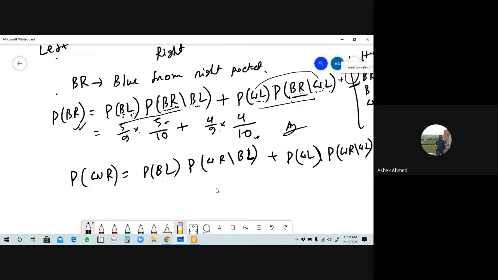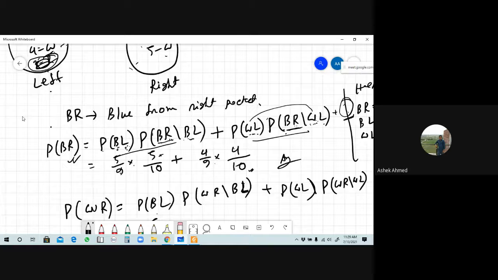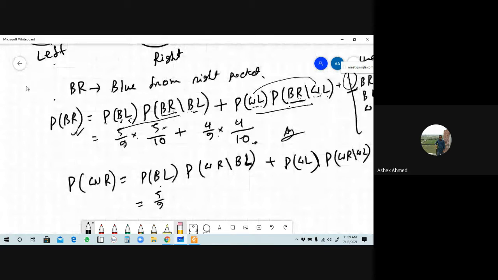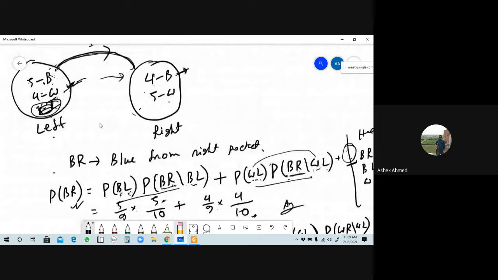Okay, so this result will be 5/9, যেটা আমাদের লেফট পকেট কয়টা কন্টেইন করে, 5টা blue marble আর 4টা white marble, that will be 5/9, and after transferring a blue marble to the right pocket, okay, in that case the number of blue marbles will be increased, that will be 5, but total number of marbles is here 10.